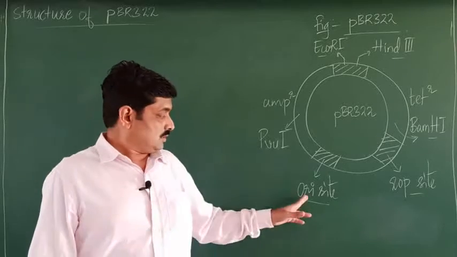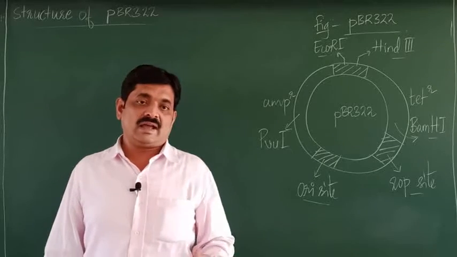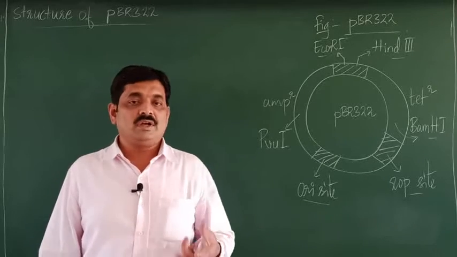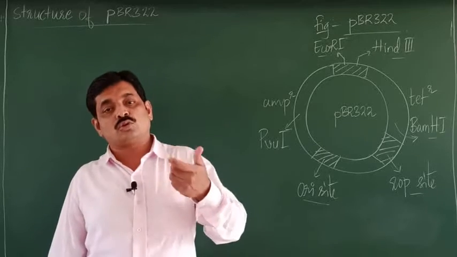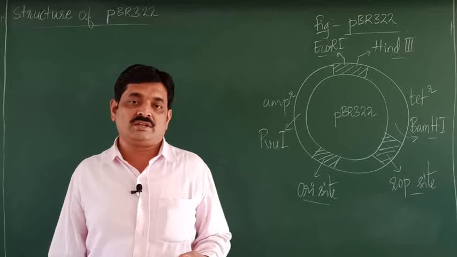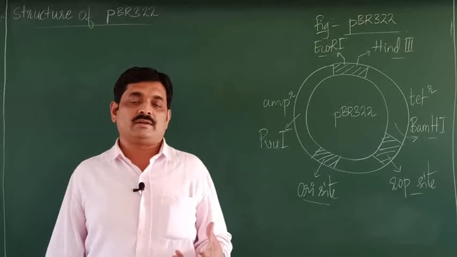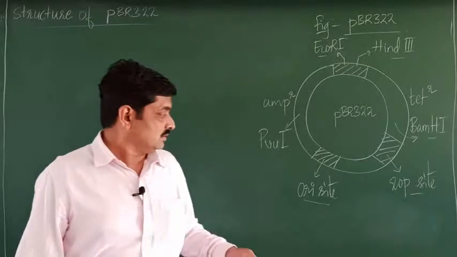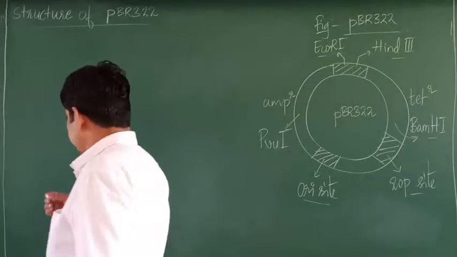So this site initiates replication of the plasmid, and along with that, the gene of interest or desired gene also gets replicated. So multiple copies of the desired gene are produced, right? So here gene cloning takes place. Then after that, we shall consider the selectable markers.